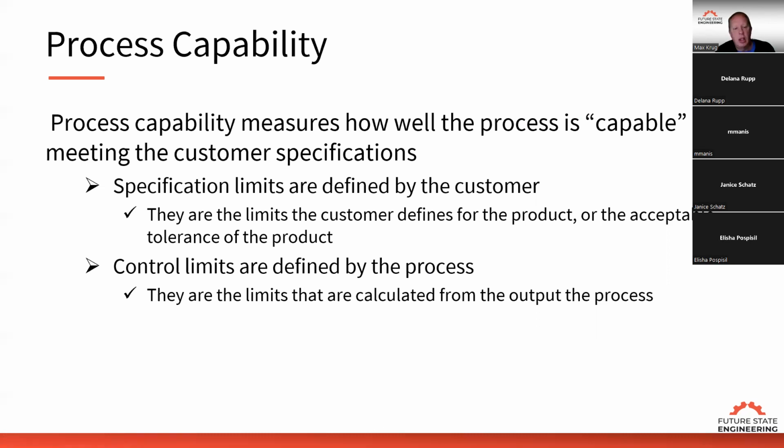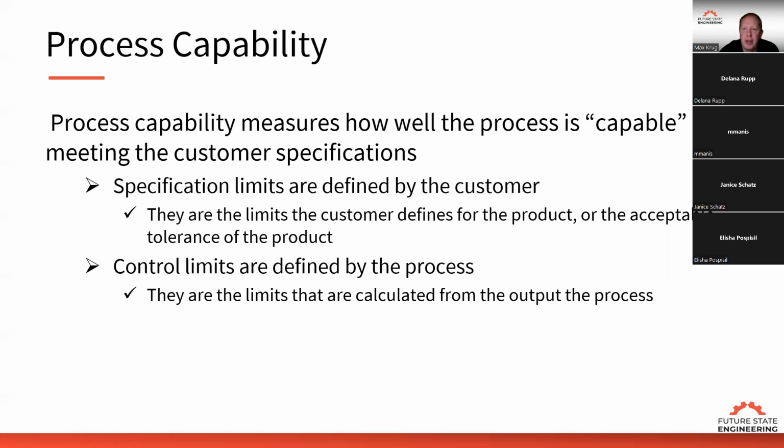So an example would be, I'm going to go purchase some beer, right? And I expect in the beer a 12-ounce can. So when I buy it, am I getting exactly 12 ounces? Probably not. I'm probably getting either a little bit more or a little bit less. So what's my tolerance?